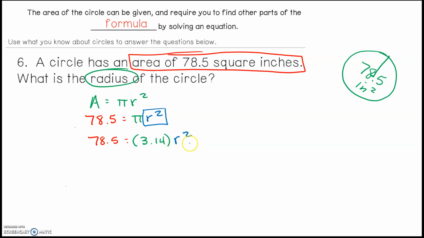Well, I don't know what r squared is, but I can solve for r. So I want the r squared all by itself, so I need to move the 3.14 to the other side of the equal sign. Since these two are being multiplied to each other, to undo that, I'm going to divide by 3.14. This makes 1.